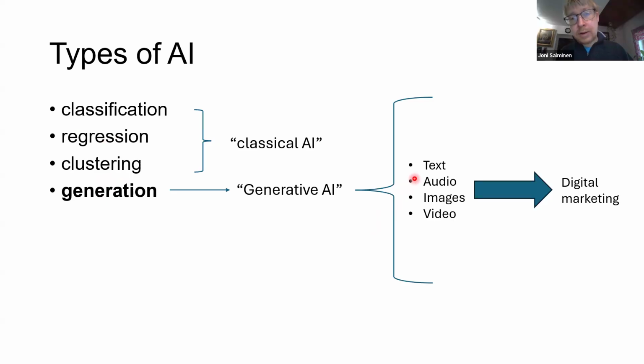So yeah, they generate different modalities as I mentioned there: text, audio, images, video, and this has huge potential, especially for marketing, right? When you think about what areas of marketing are affected by these modalities, it's pretty much everything.